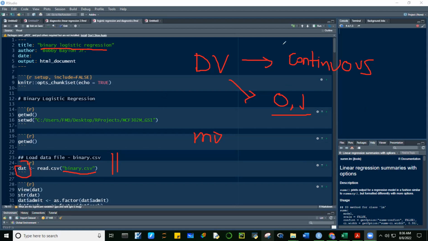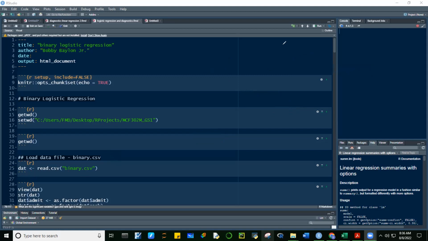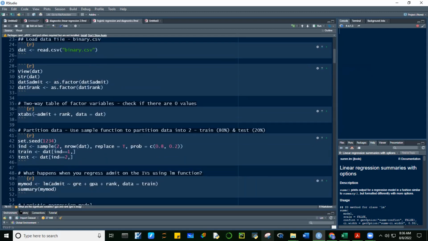So let me just clear all the drawings again. Close this. And then let me just use, okay, import database. From text.